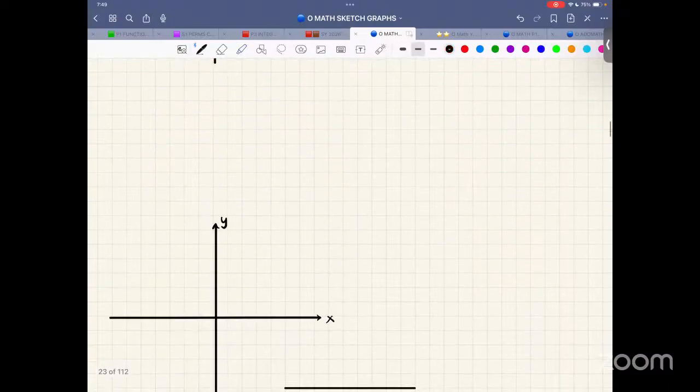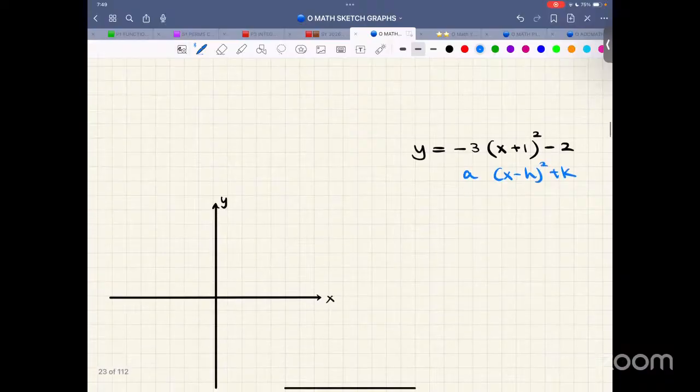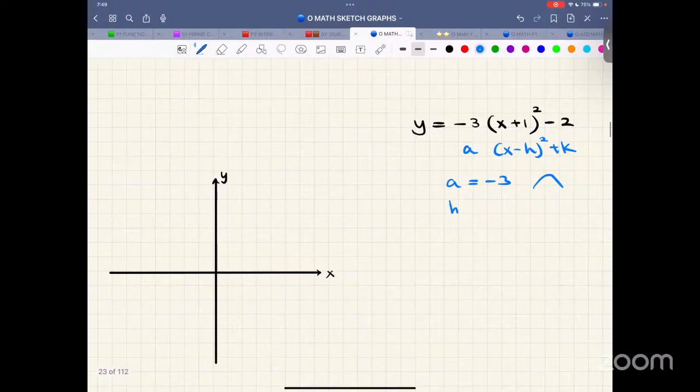And let me draw once more. Y is equals to negative 3(x plus 1) whole square minus 2. And this is a(x minus h) whole square plus k. Therefore, a is negative 3, upside down, minus h is 1, h is negative 1, k is negative 2.